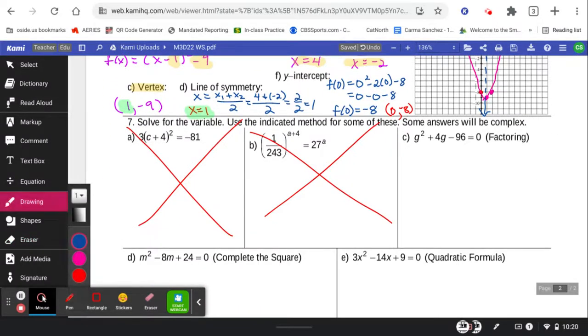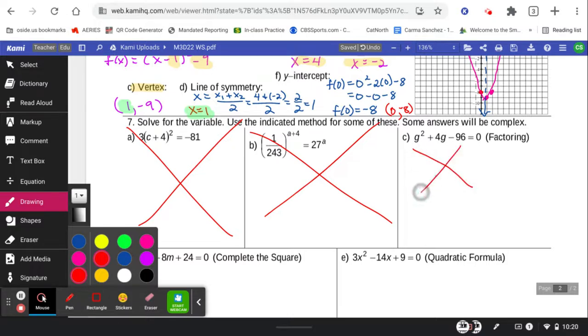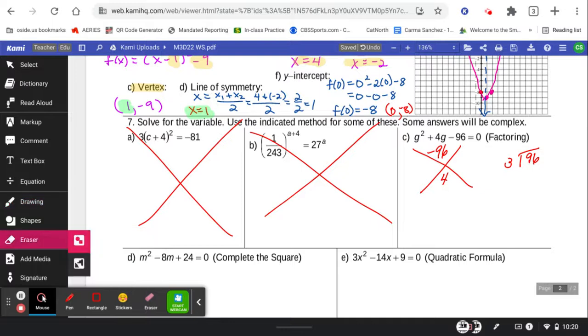So step 1, solve by factoring. What times what is negative 96 and adds up to 4? Let's see. 8 goes in once, twice.